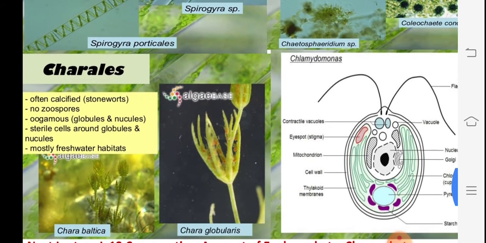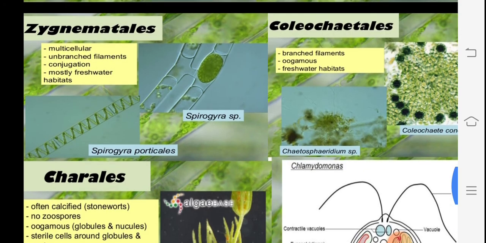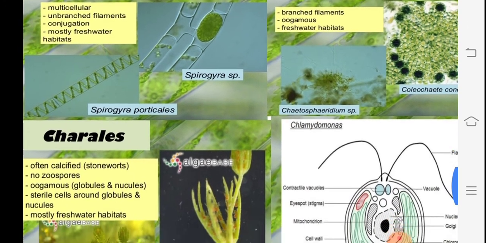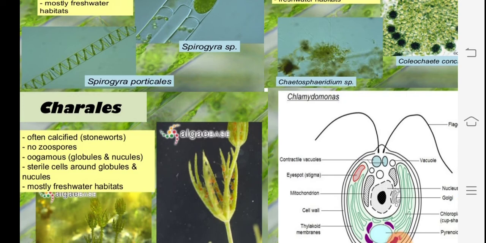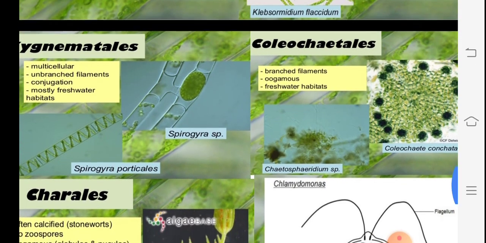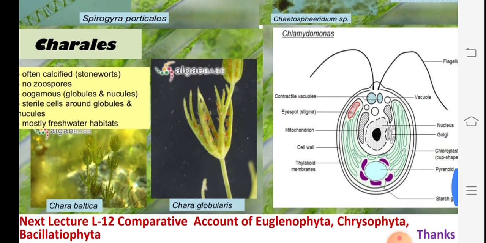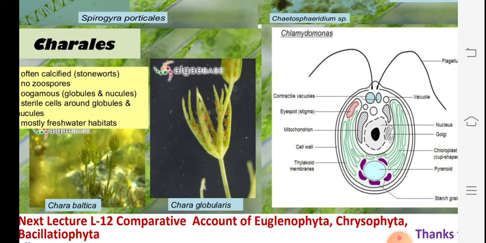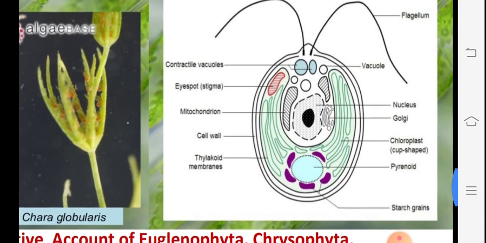And the last one is Chlamydomonas. Chlamydomonas comes under the Volvocales, a unicellular form. You see the magnified portion of this Chlamydomonas.